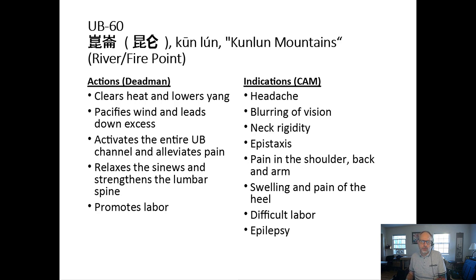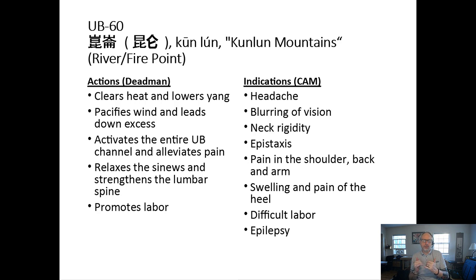Usually UB60 is the one that promotes labor with difficult labor, but if there's a breech where the baby hasn't fully turned in the birth canal to be head down, that is UB67. For if it's a malposition of the baby in the birth canal, that's UB67.